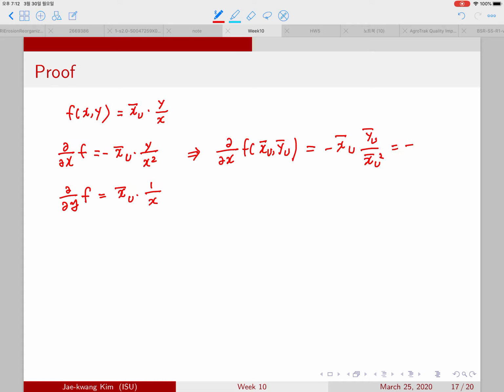So that is minus y bar u divided by x bar u. Okay. And also f of x bar u, y bar u is x bar u times 1 over x bar u. So that is 1.